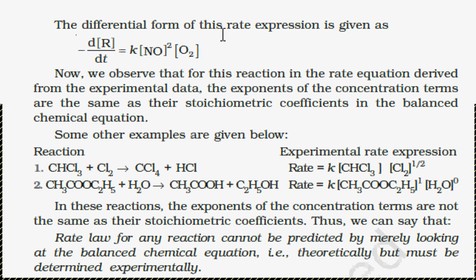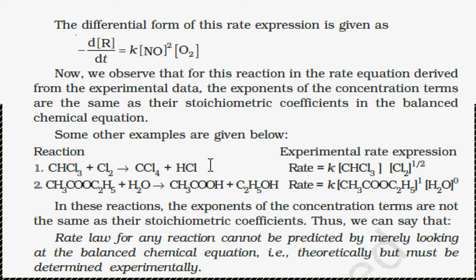The differential form of this rate expression is given as minus d[R] upon dt is equal to k into concentration of NO raised to 2 into concentration of O2. You know how to write down now the differential form of the rate expression. Now some other examples are also given.